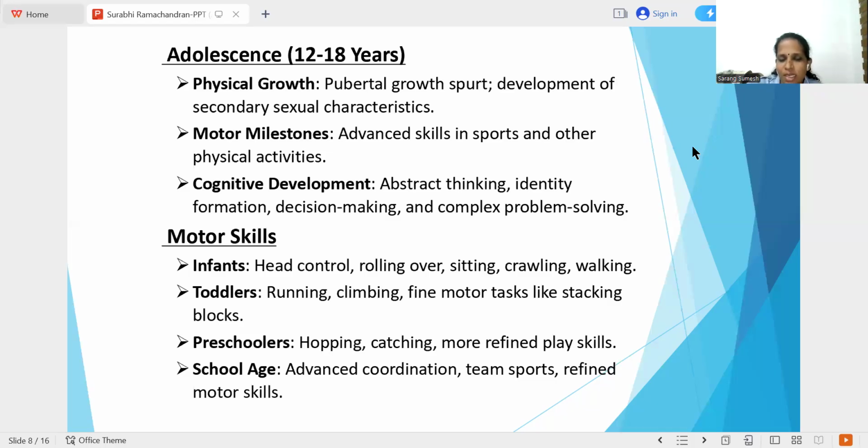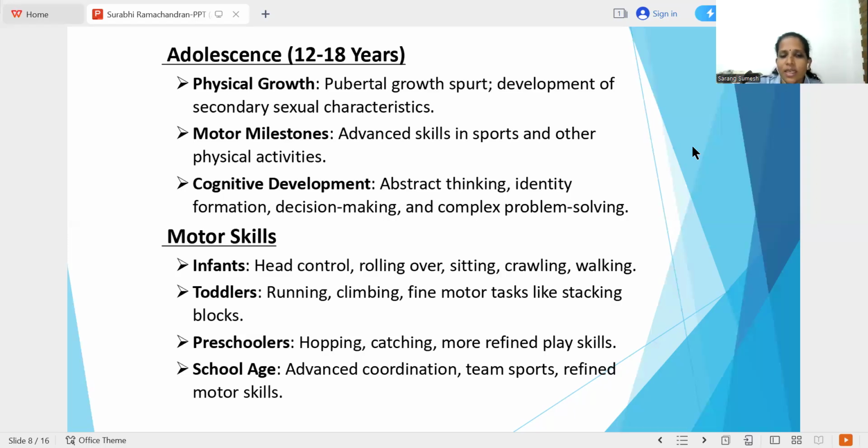In motor skills, infants: head control, rolling over, sitting, crawling, walking. For this one, I made it for exam purposes only, so it is easy to understand. For infancy, maybe they will ask at what age head control occurs. So we can make out that head control occurs in infants, and rolling over, sitting with support or without support, crawling, walking all start in the infant period.